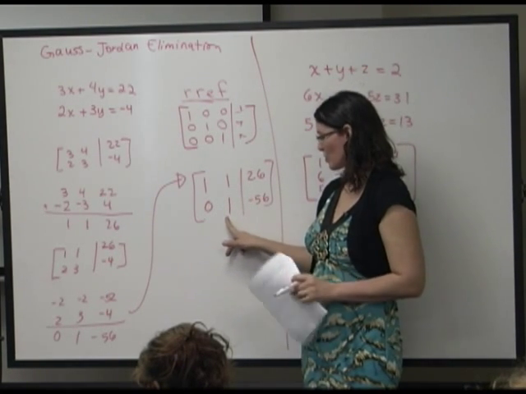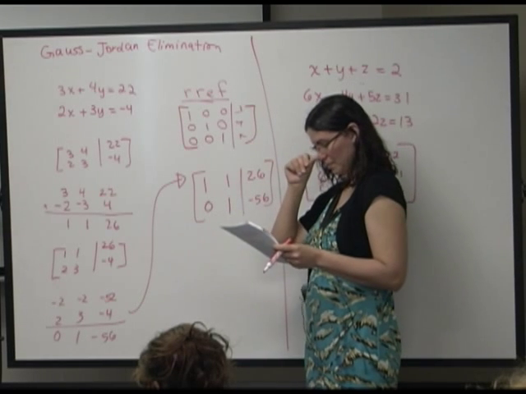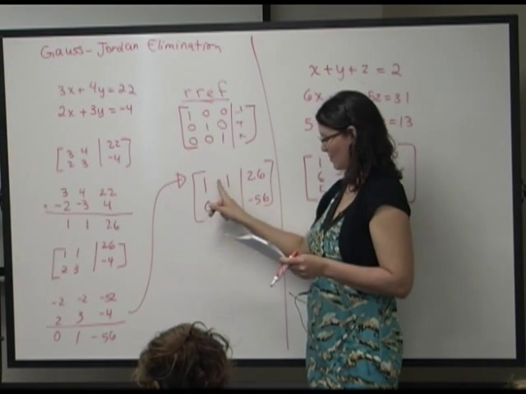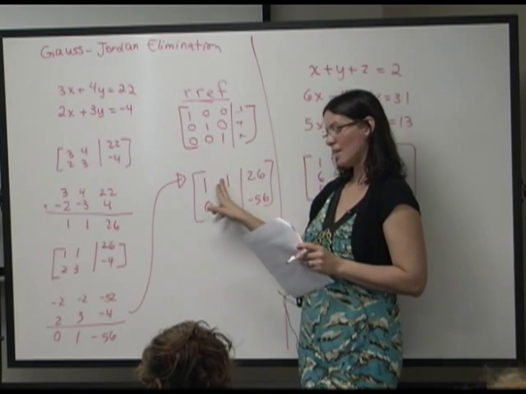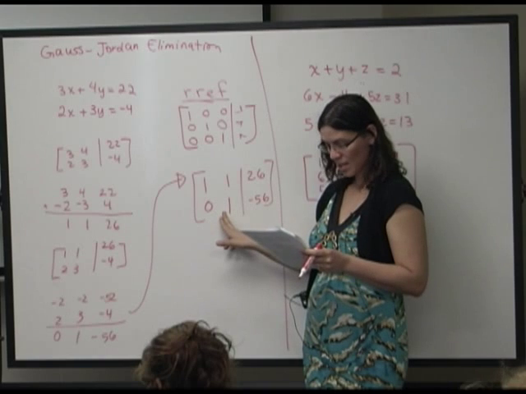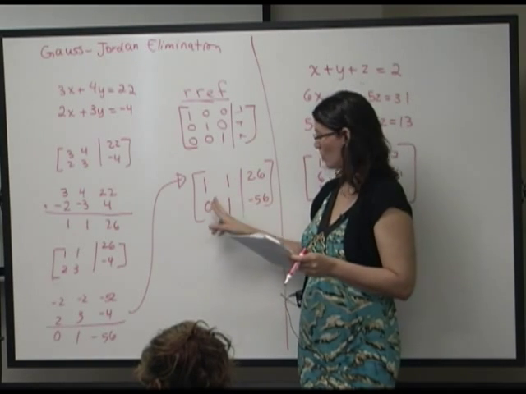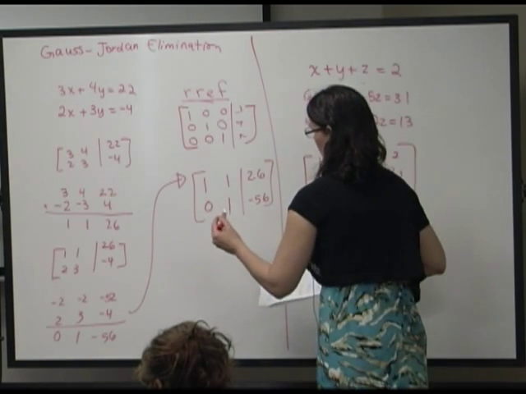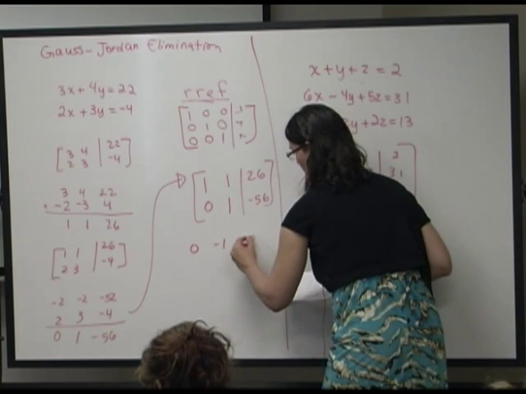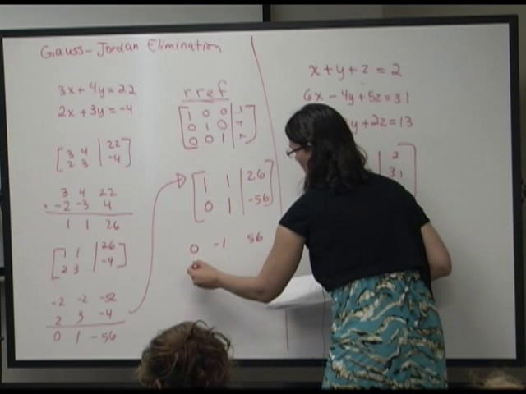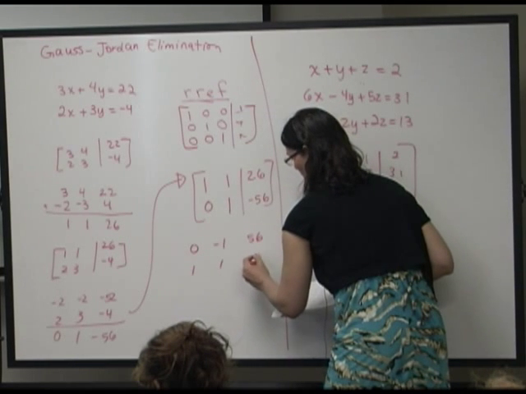But what do I have to do now? You have to make that upper 1, in the second column, a 0. So I'm going to use the second one to eliminate that one, right? So I'm going to multiply this one times -1 and add it to that one. So it's 0, -1, and 56. And then it is 1, 1, 26.